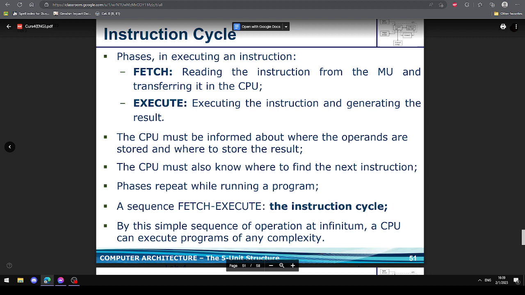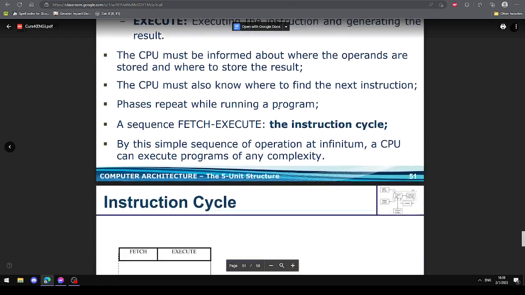Phases repeat while running a program. A sequence fetch-execute is the instruction cycle, a simple sequence of operations ad infinitum. By this simple sequence of operations, a CPU can execute programs of any complexity.